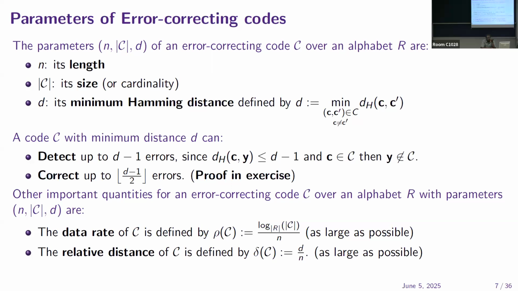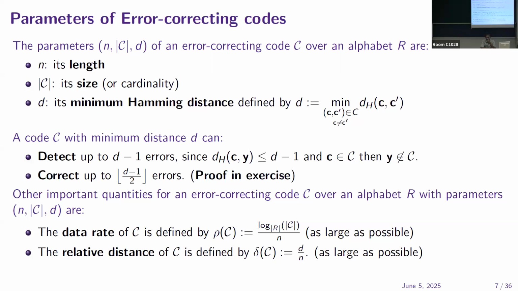We have the data rate of C. The data rate of C is the logarithm in base cardinality of the alphabet of the cardinality of C, over n. The relative distance of C is defined by the minimum Hamming distance of C over the length n.